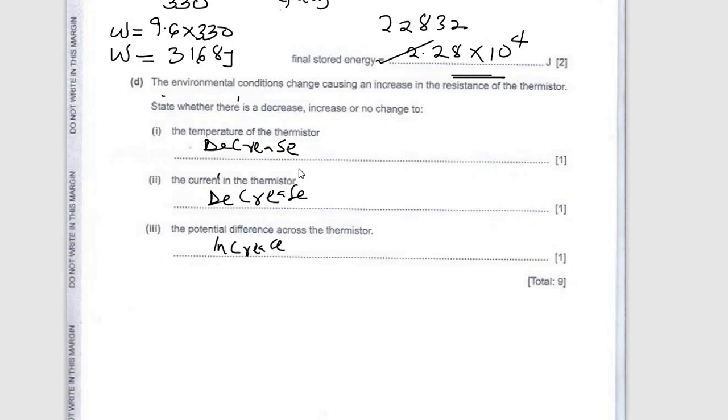Remember that the thermistor has a negative temperature coefficient. So when the resistance is high, temperature will be low. At low temperature, there will be low current. That's why this is decrease. And at low current, there will be high potential difference. That's why this is increase.